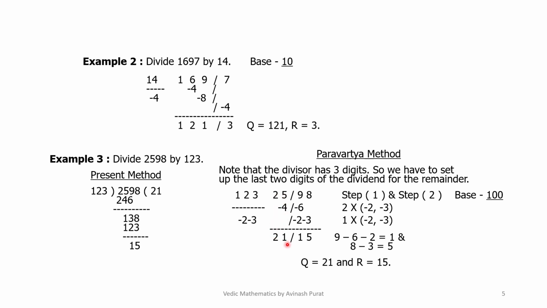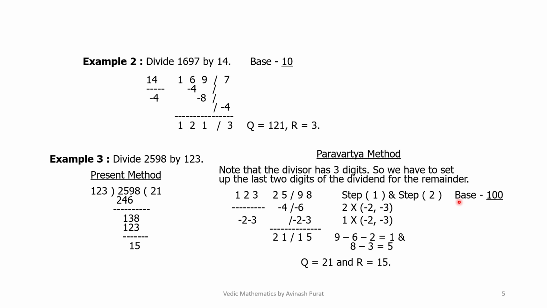5 minus 4 is 1. So 1 multiplied by minus 2 is minus 2, and 1 multiplied by minus 3 is minus 3. Now 98: 8 minus 3 is 5, 9 minus 6 is 3, 3 minus 2 is 1. So 21 stroke 15.